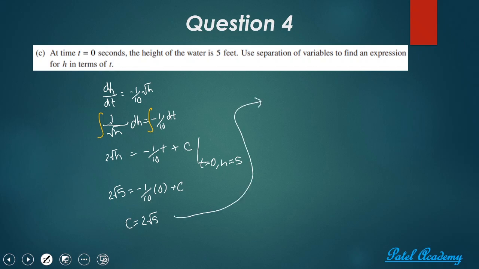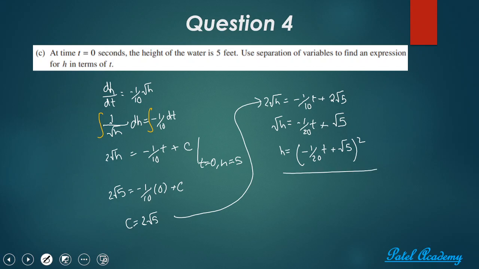And so using this information, I'm going to get the expression that 2√h = -1/10 t + 2√5. So √h = -1/20 t + √5. And then h = (-1/20 t + √5)². And so that's your answer for h as a function of t.